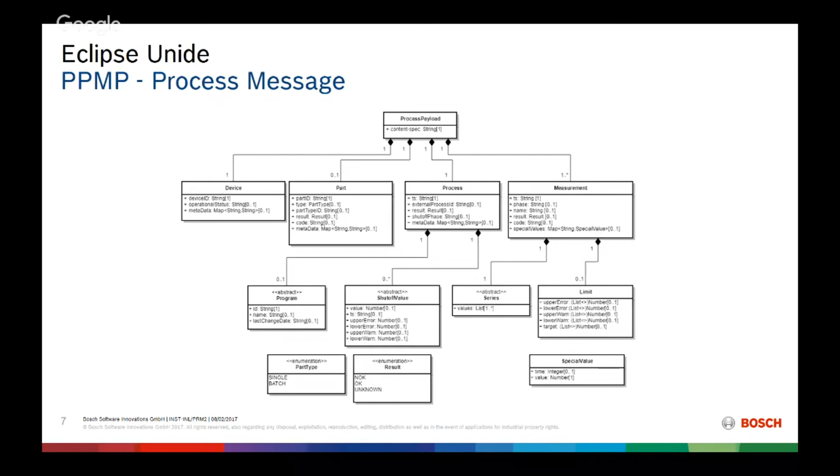And the difference between this series object in the process payload and the one in the measurement payload is that you don't have to set here the time offset, because in specific processes you don't have this information, and maybe you don't use this information.